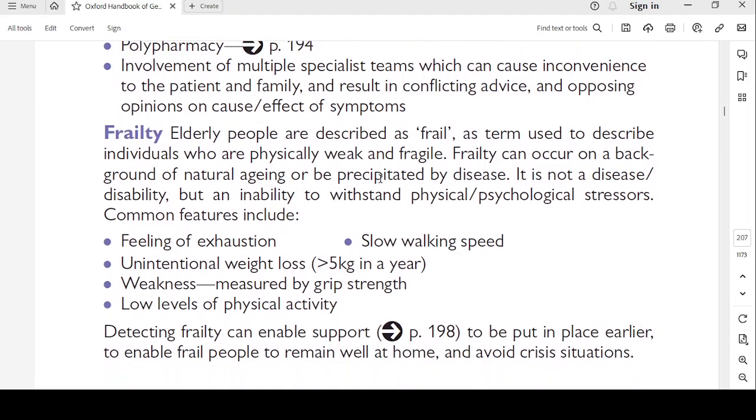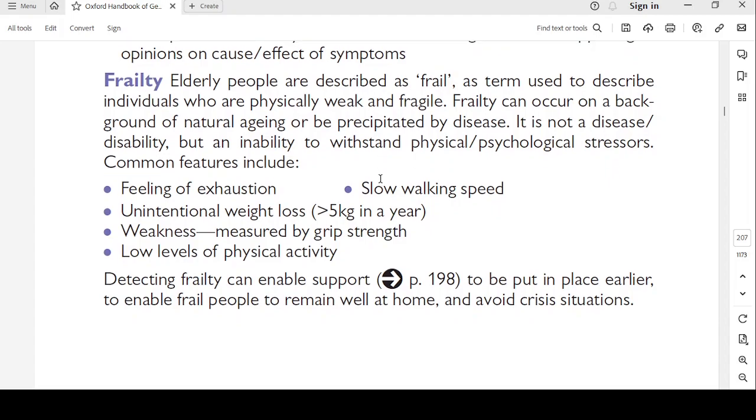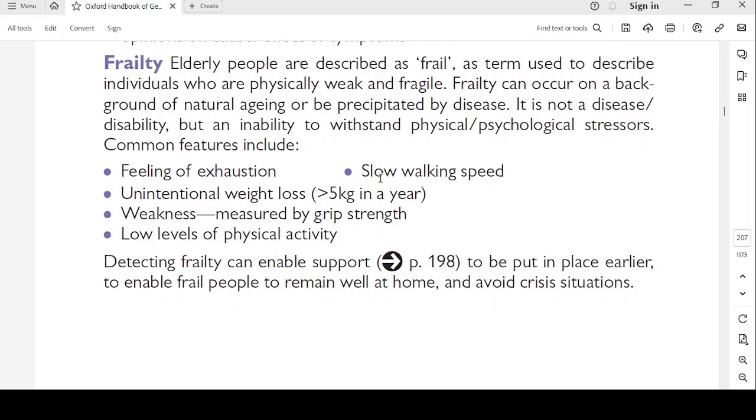Frailty. Elderly people are described as frail, a term used to describe individuals who are physically weak and fragile. Frailty can occur on a background of natural aging or be precipitated by disease. It is not a disease or disability, but an inability to withstand physical and psychological stressors.